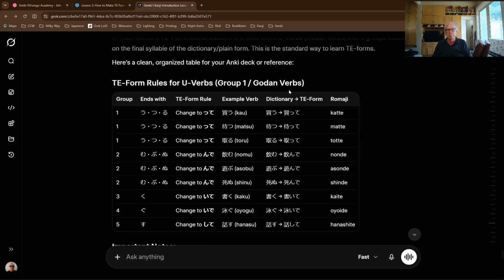But basically, the te form rules for U-verbs. Again, there are 3 types of verbs that I'm aware of at this point. There's the RU verbs, there's the U verbs, and then there's the irregular verbs. Now, again, it's not necessarily important that you understand this information.